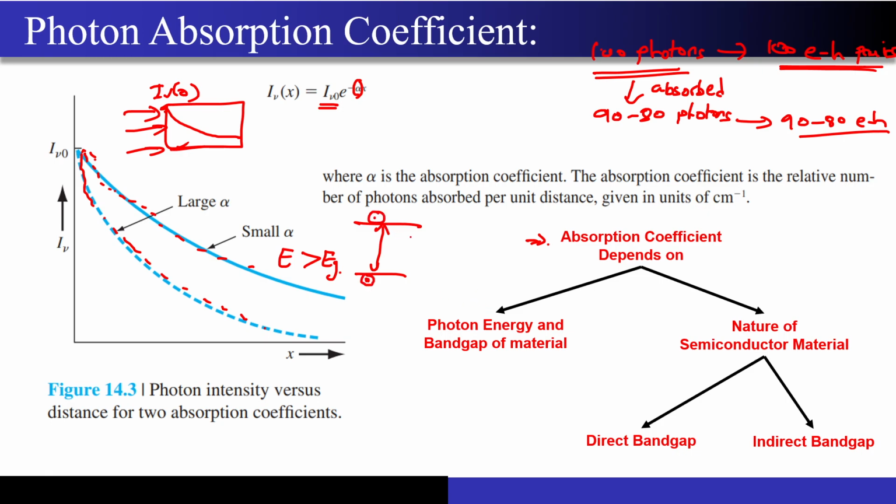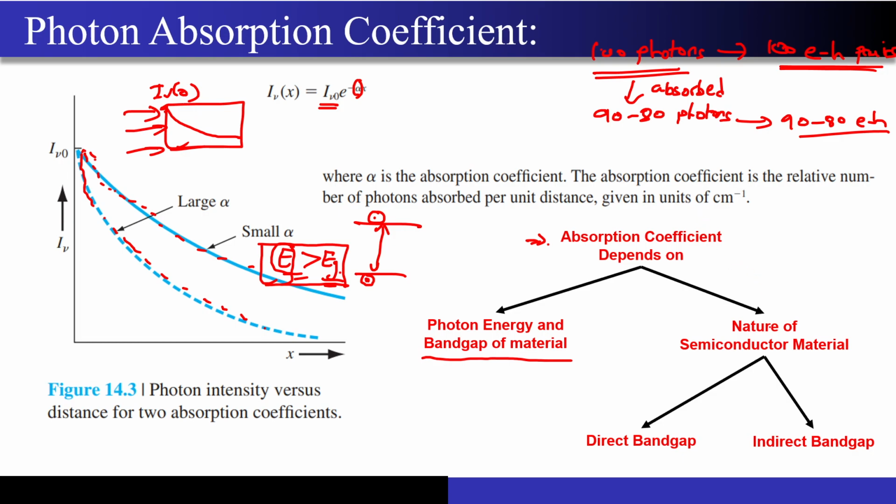But if Eg increases, if I change the material, the light energy is not sufficient to be absorbed. That is why the absorption coefficient depends on the band gap of the material as well as the value of E. This condition has to be satisfied for the photon to get absorbed, or else the photon will just pass through the material without being absorbed.